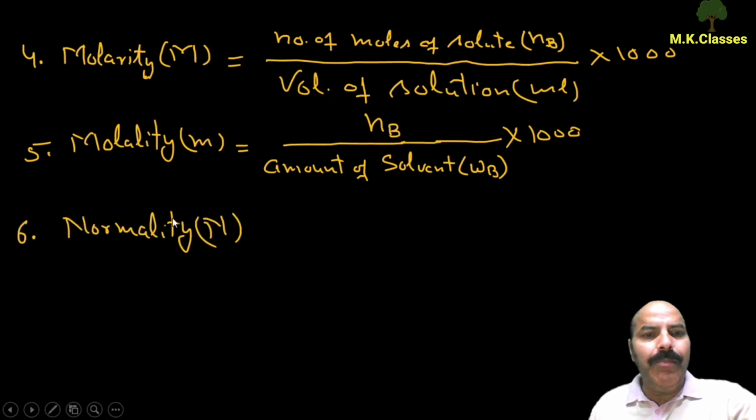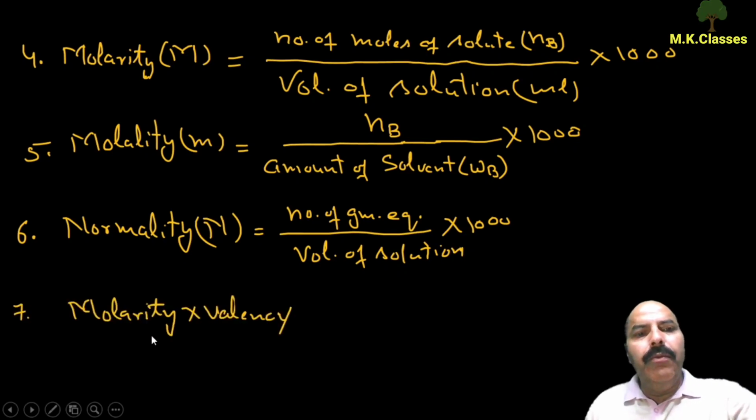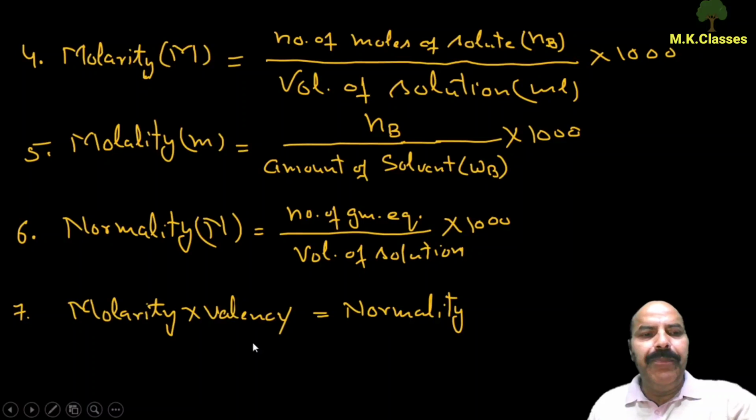Then comes normality, expressed by N, equal to the number of gram equivalents upon volume of the solution into 1000. Then molarity into valency is just equal to normality. So this is the relation between molarity and normality.